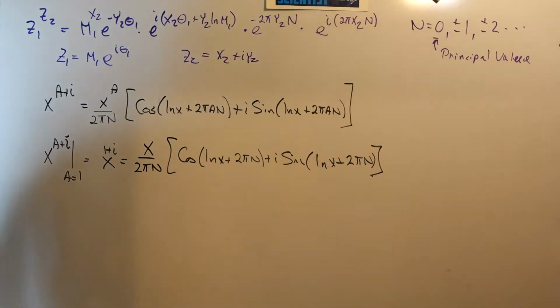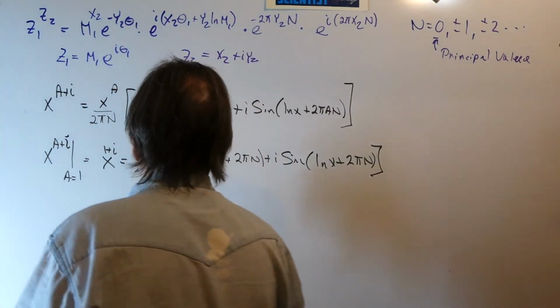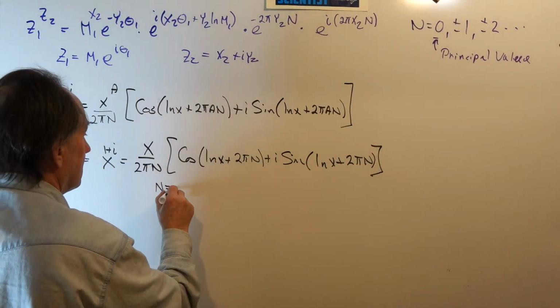A is equal to 1 in that case. Now the principal value is when n is equal to 0.